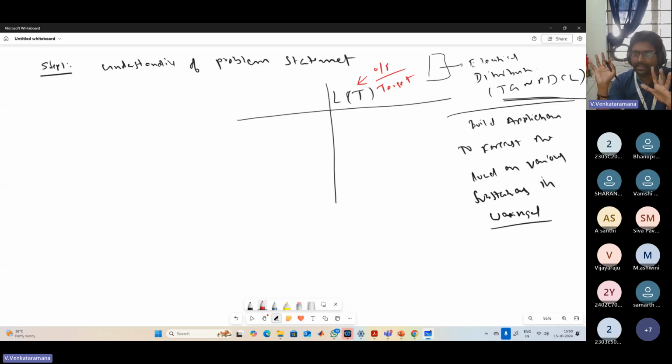I hope you understand, right? Your client is saying that. So let us assume I am going to my client: sir, I am clear with your problem statement. I will build an application to forecast the load at a particular time in a particular substation. Please tell me, sir, which features I should consider to estimate that load. Then he replied that that is your business, not mine.